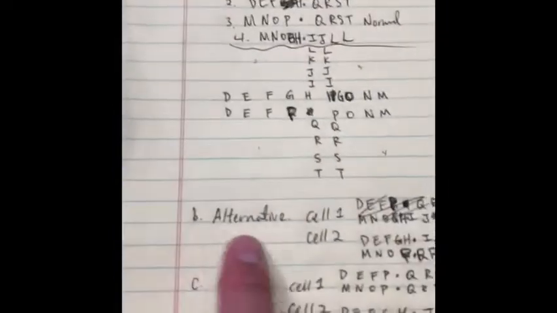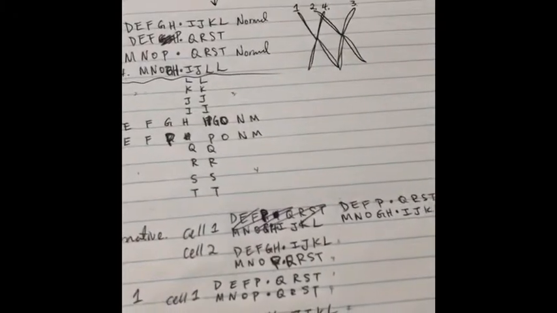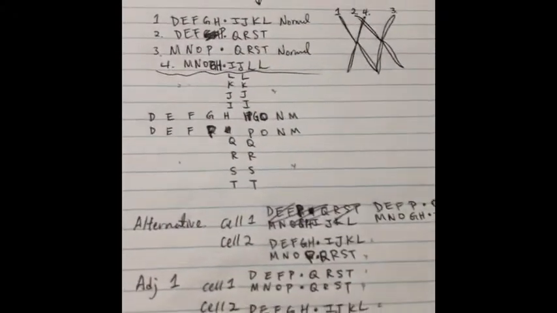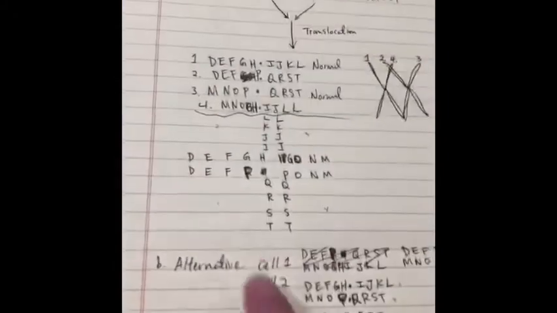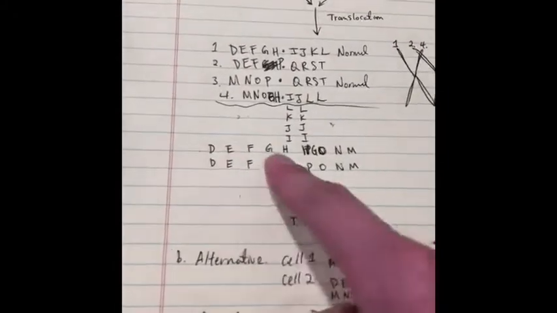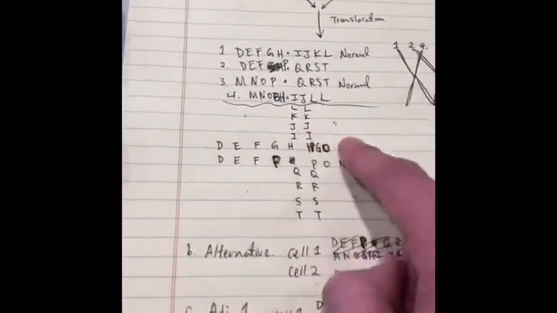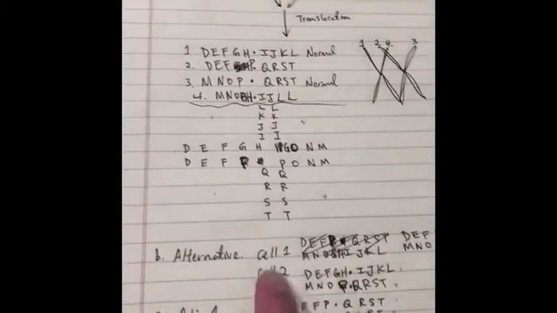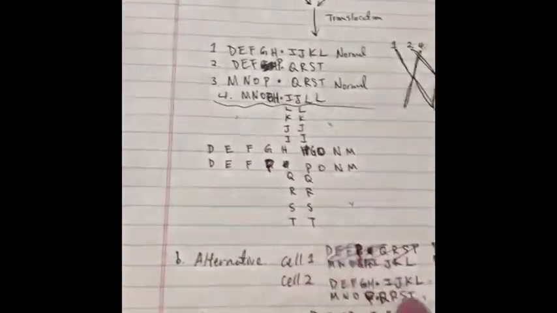In order to determine what that alternate segregation allele composition is, it's going to be this one and this one forming the first arrangement for the first cell, and then the other arrangement will be this and then this. So they're shown right here.